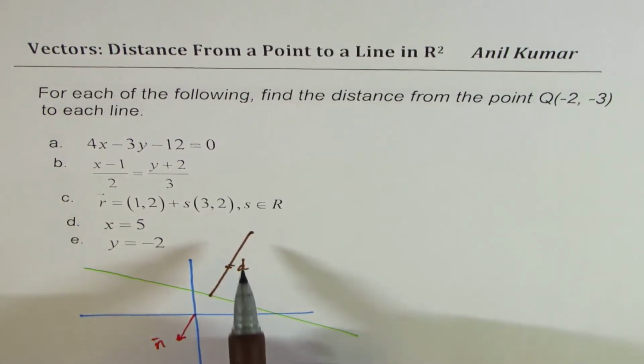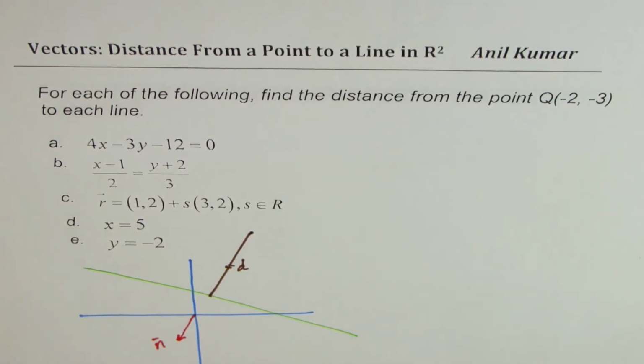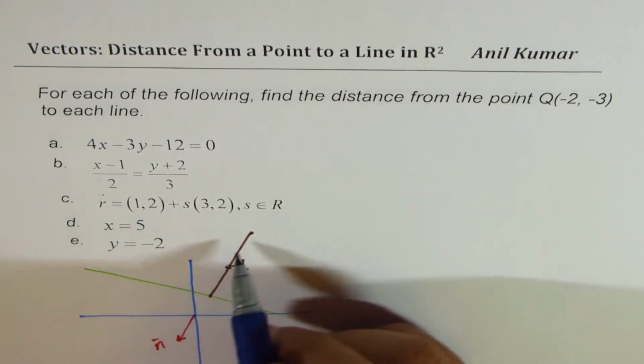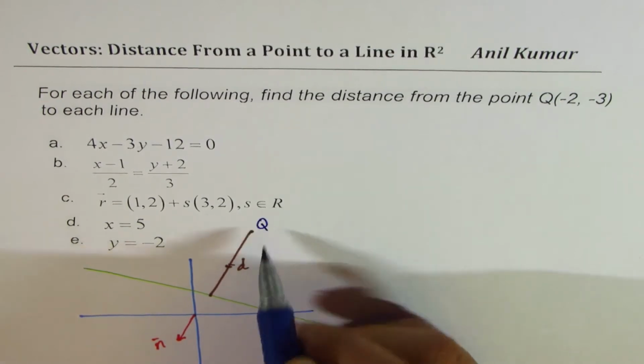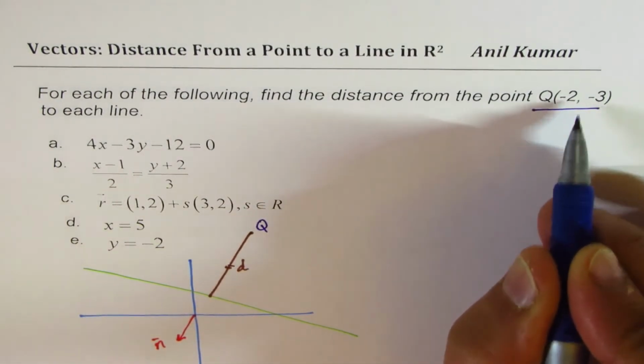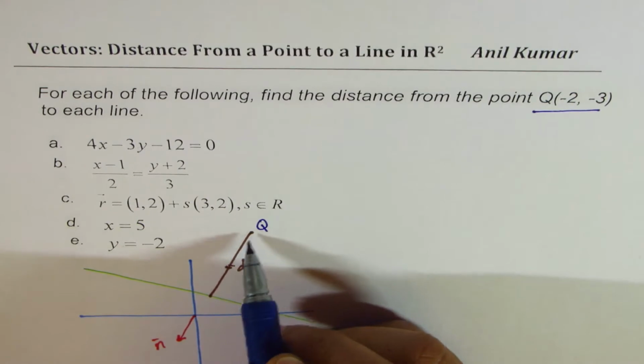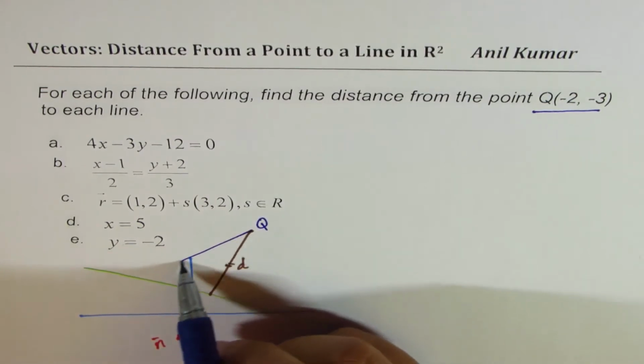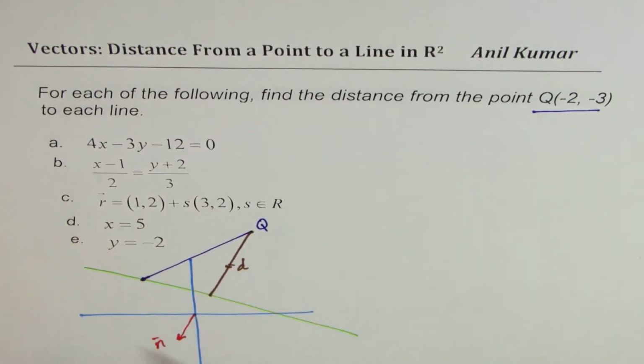To find the shortest distance, what you can do is take any point on the given line. We know this point Q, which in this case is (-2, -3). Just find any other point P on the line.